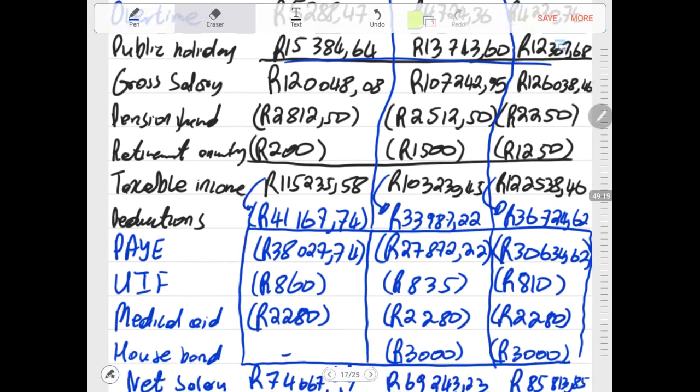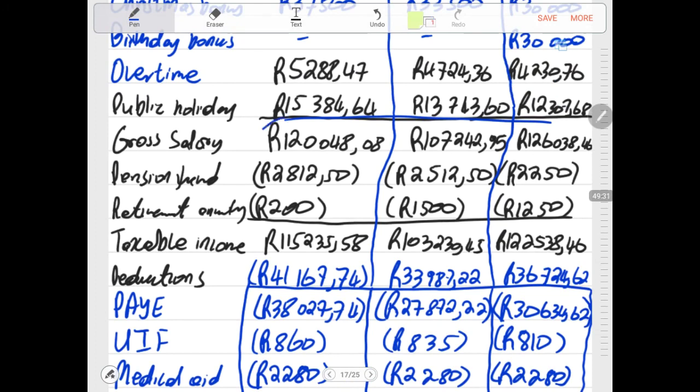It is there in your handout or in your textbook, so that when I do the next question where we deal with the recovery and the total cost of the company, please be aware that it is the gross wage or gross salary plus the contributions made by the employer, meaning in terms of the pension fund, the UIF, and also the medical aid, if there's a contribution made by the employer toward the medical aid.